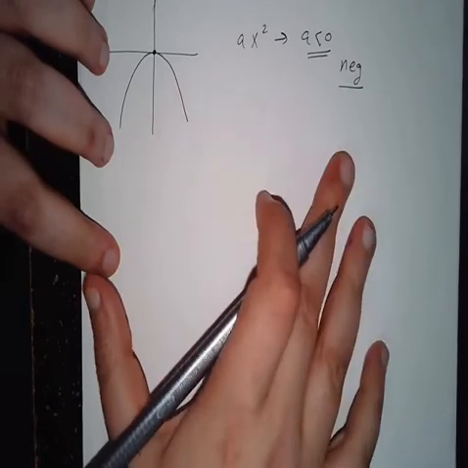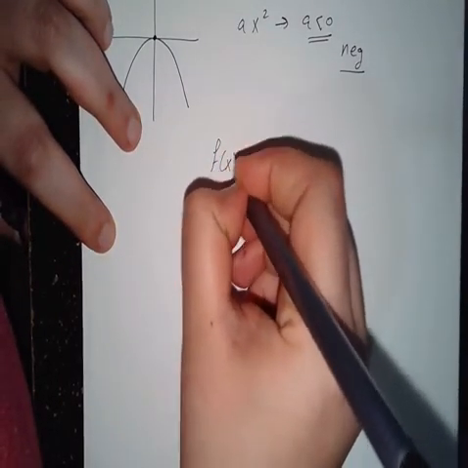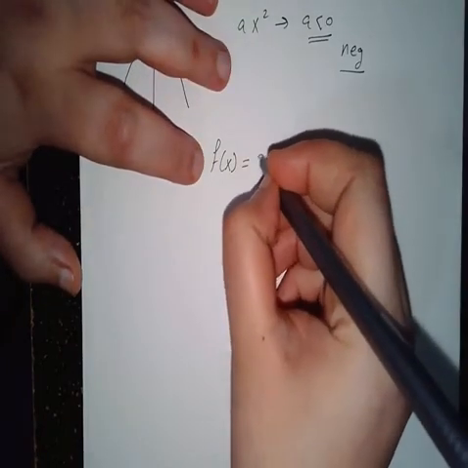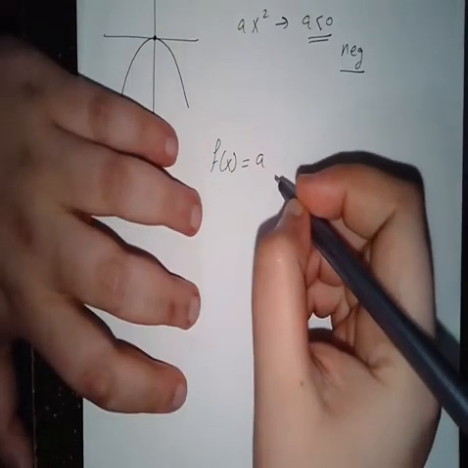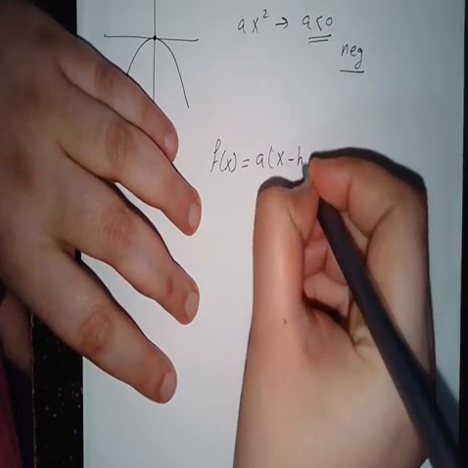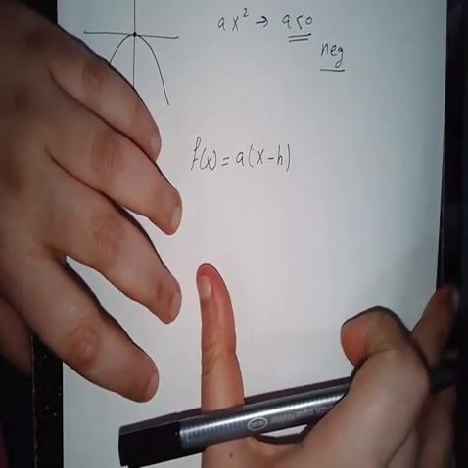Now, in algebraic form, the function in vertex form looks like this. This right here is a quadratic in vertex form. You have a, which is the coefficient of x squared, multiplied by x minus h. H is a value I'm going to explain to you in a minute.